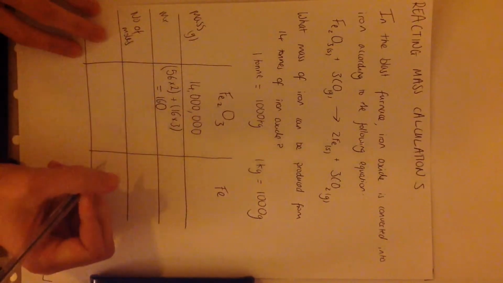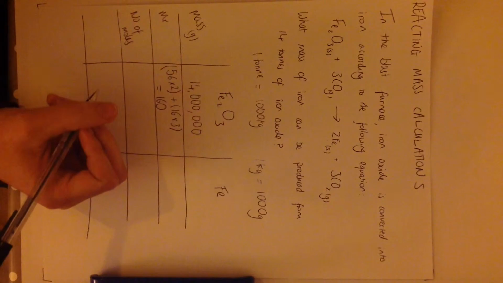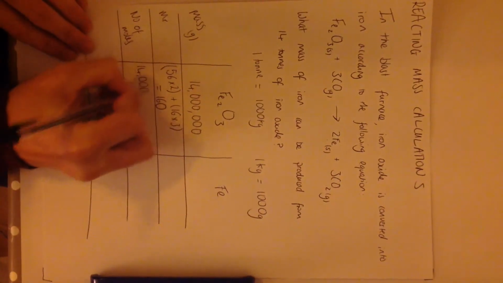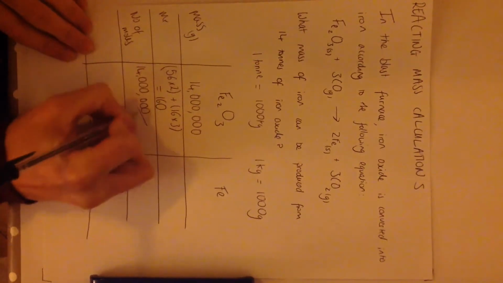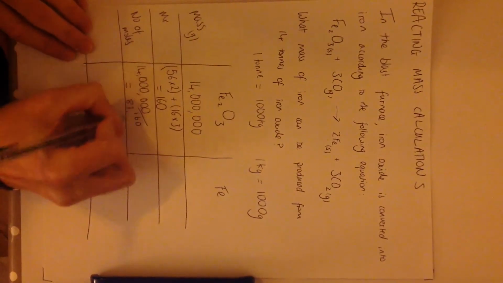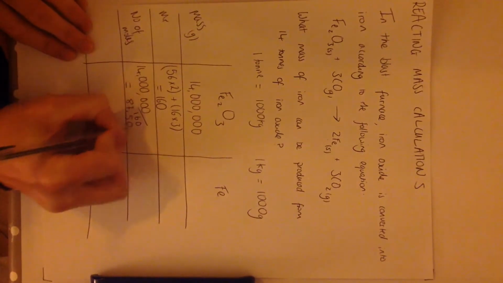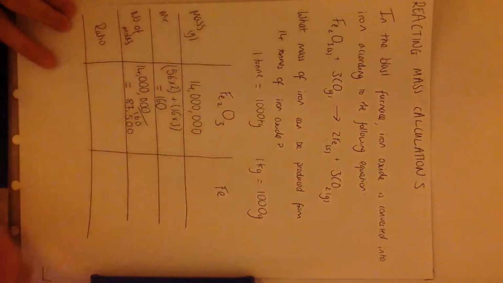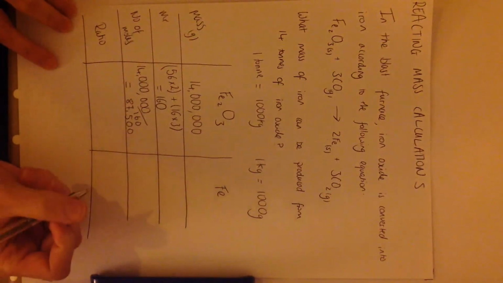I can now use these values to calculate the number of moles. So, 14 million divided by 160 gives me 87,500. Now we need the all-important ratio.